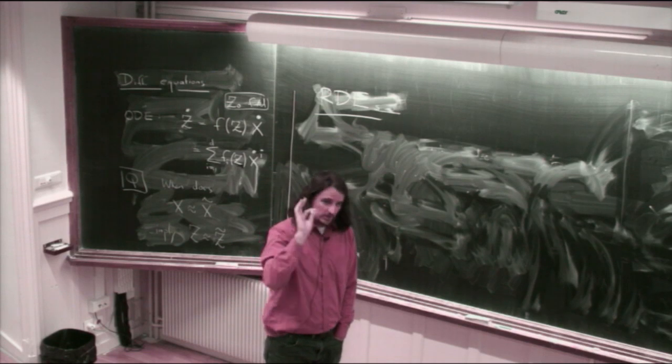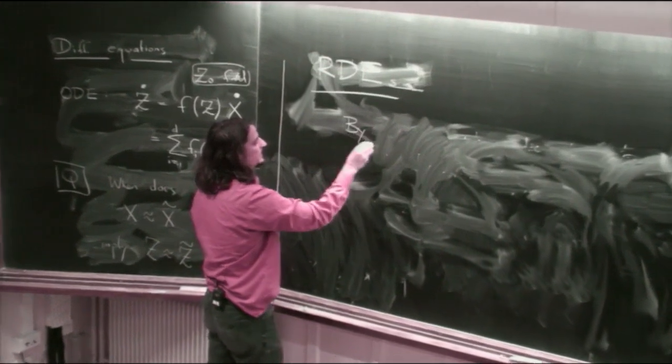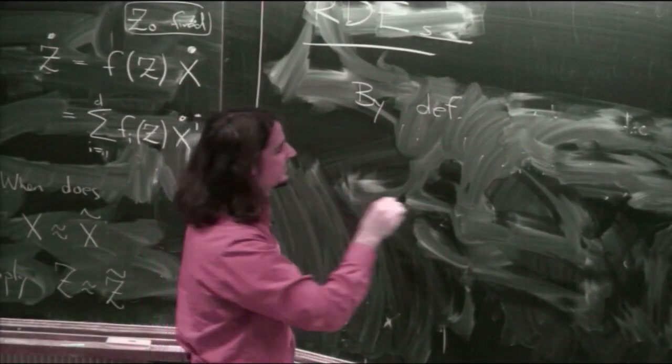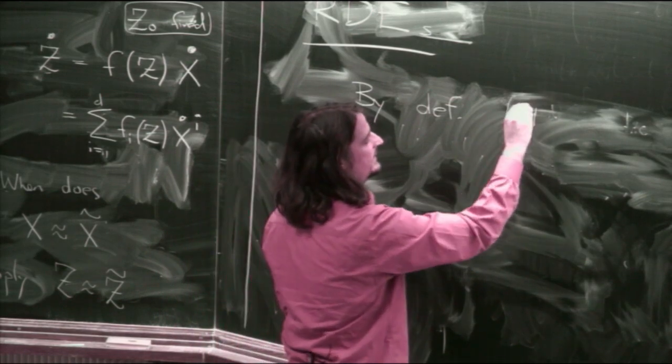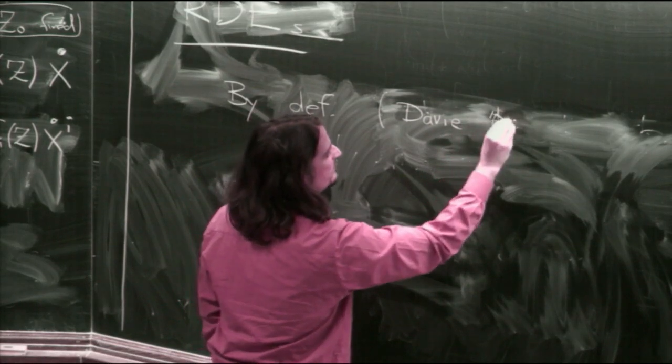Okay, now you can do this, and we'll do it in a second, but there's a sort of a shortcut which is due to Davie, which is actually completely self-contained by definition. This is proposed by Sandy Davie, I think in '05.